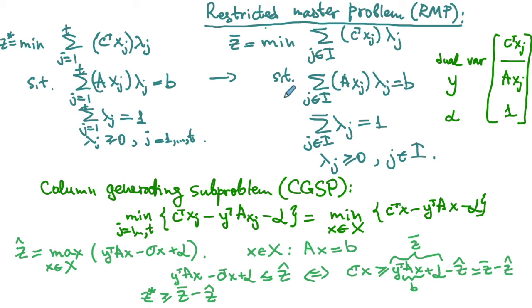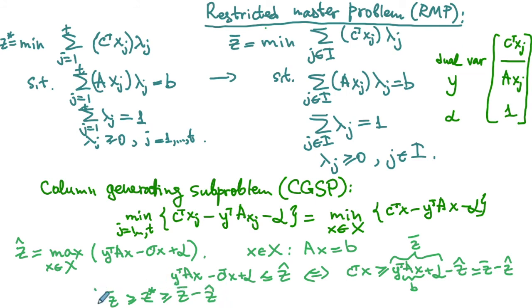Also, we mentioned before that when we solve the restricted master problem, z bar gives an upper bound on the optimal objective value for the original problem, which is the same as the optimal objective value for our master problem, right? Therefore, we can expand this inequality to the following. We have z bar is an upper bound on z star, and z bar minus z hat is a lower bound on z star.